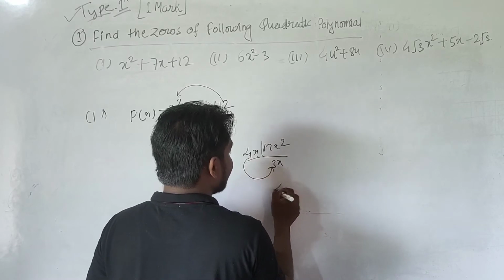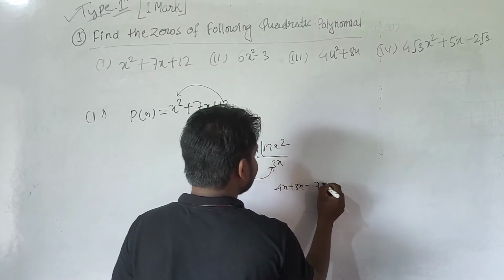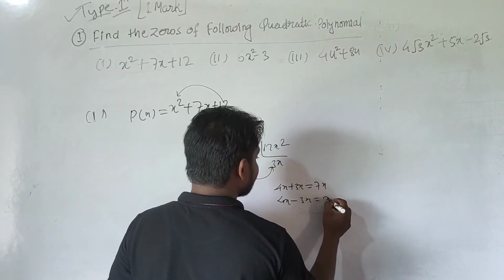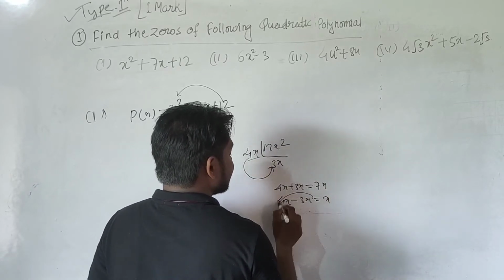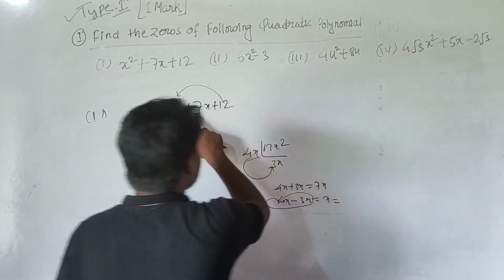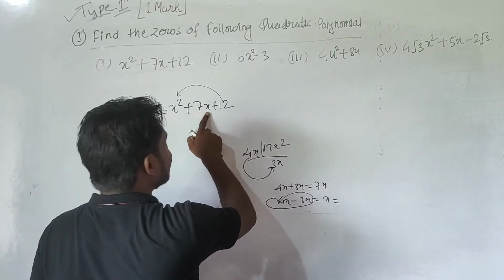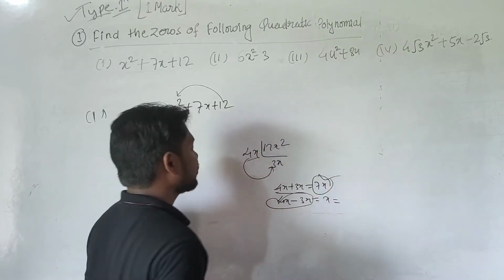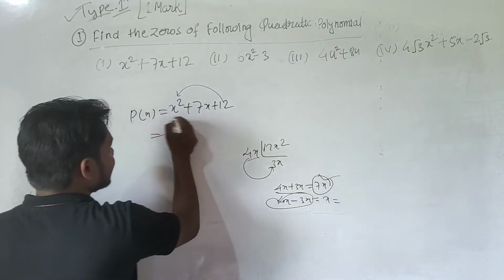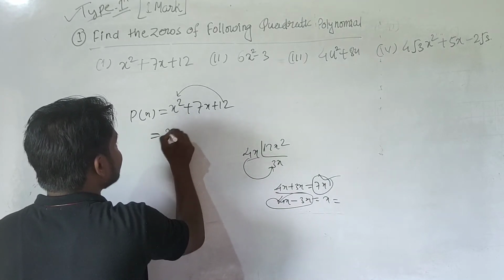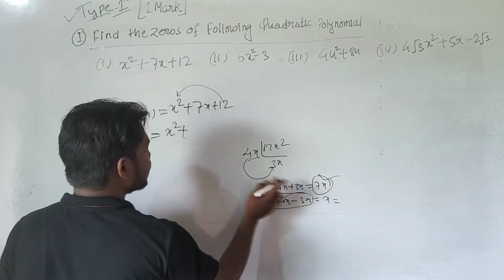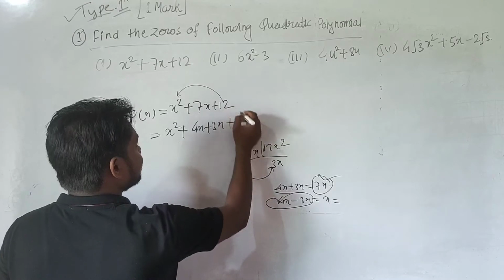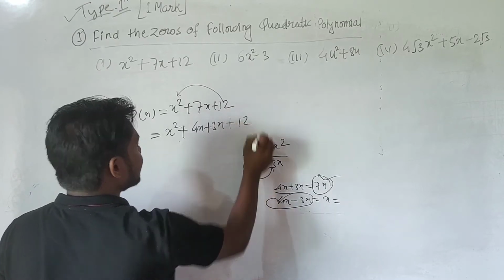If we add 4x plus 3x, it will become 7x, but if we subtract like this, 4x minus 3x, it will become x. Because that is not equal to the middle term, and on adding we get 7x, we can say this whole term can be written as x square plus 4x plus 3x plus 12, where the constant term 12 will remain as it is.